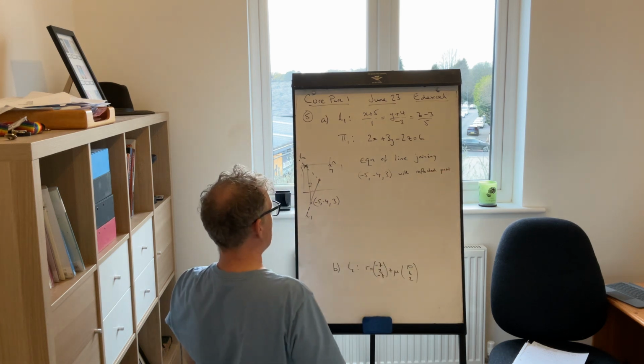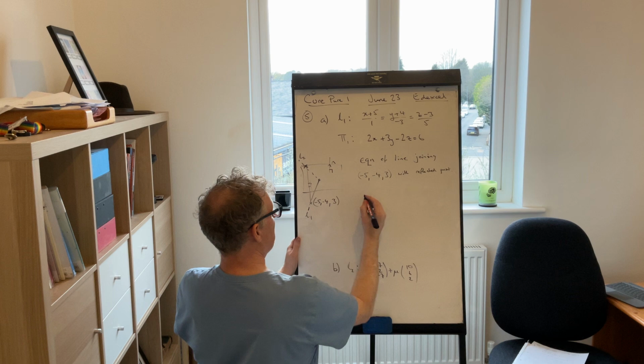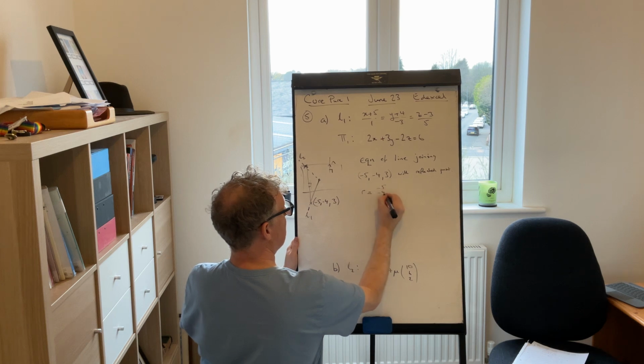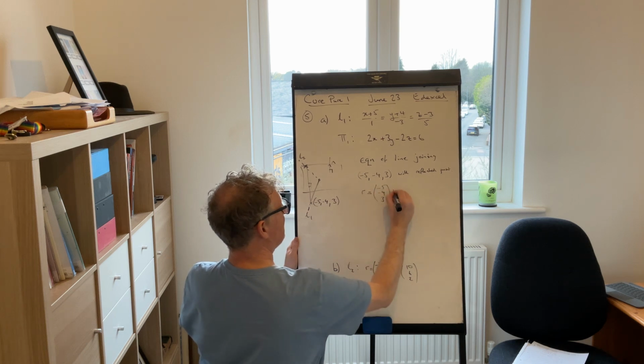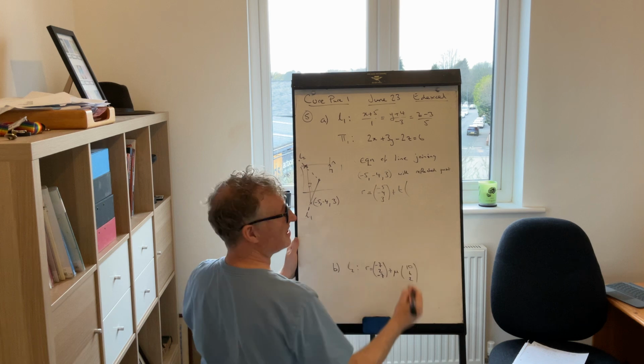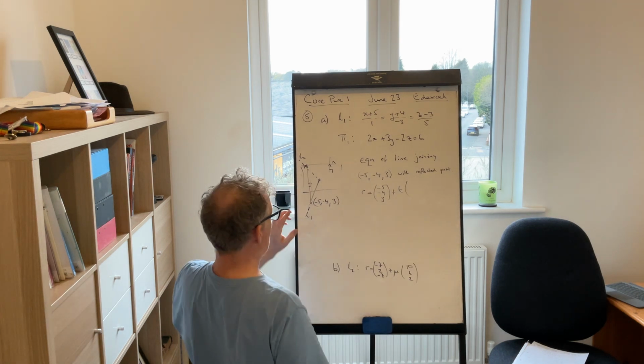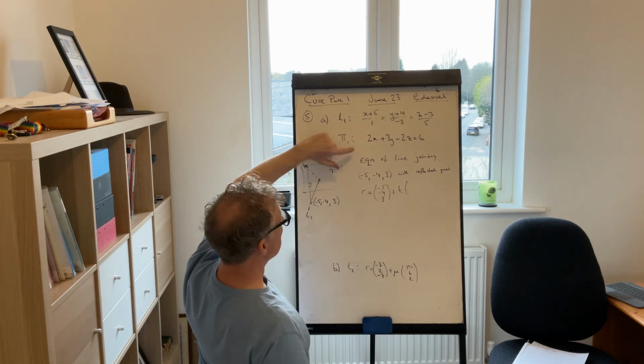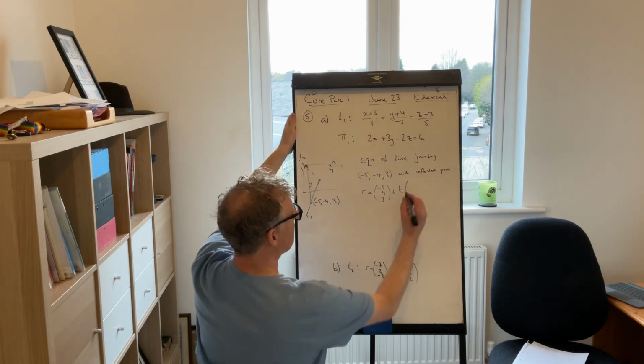So the equation is nice and simple. It's just r equals the point on the line, (-5, -4, 3), plus t lots, I use t this time, we can use whatever we like, of a direction, and I know it's going in the same direction as n, so I can just use (2, 3, -2).